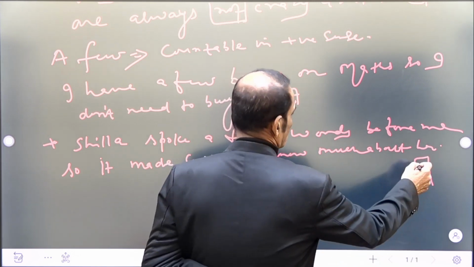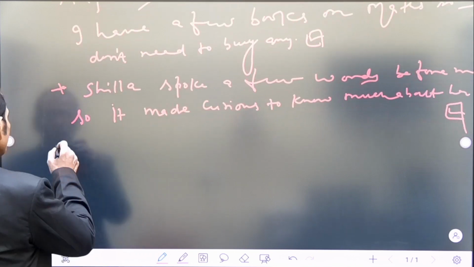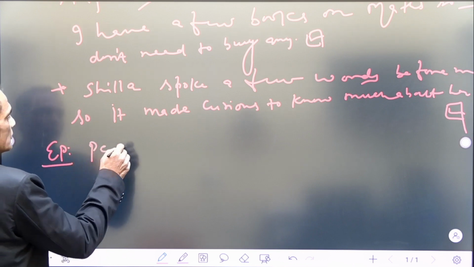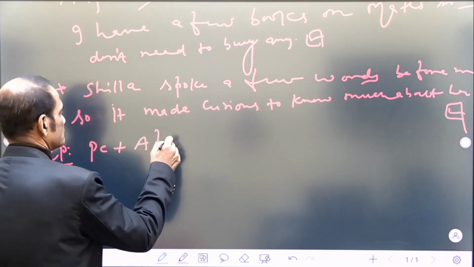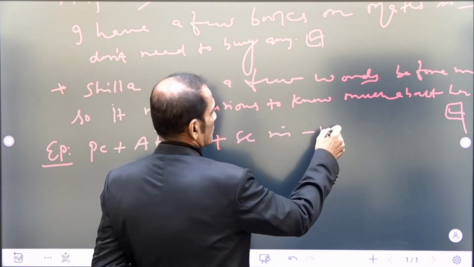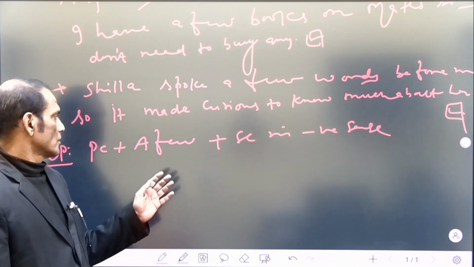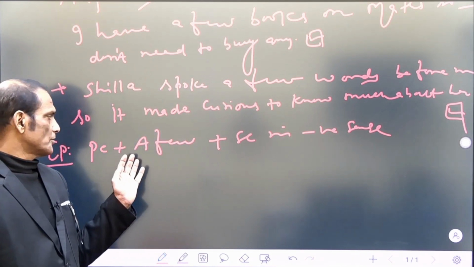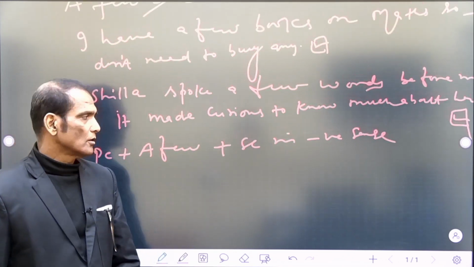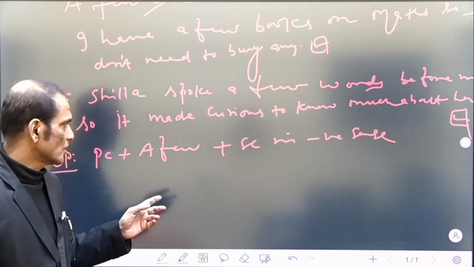This one is correct. Now it's EP: PC plus a few plus SC in negative sense. If your PC has a few, your subordinate clause should be in positive sense, but if it is in negative sense, then there is an error.